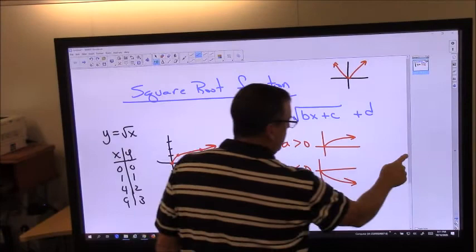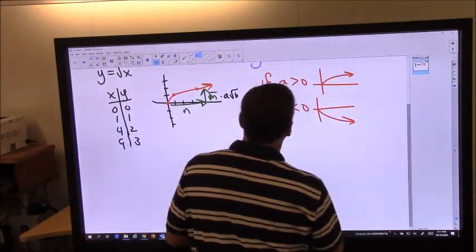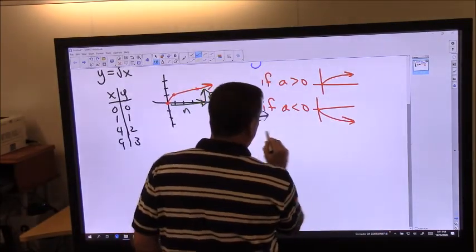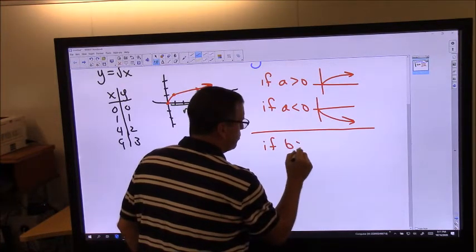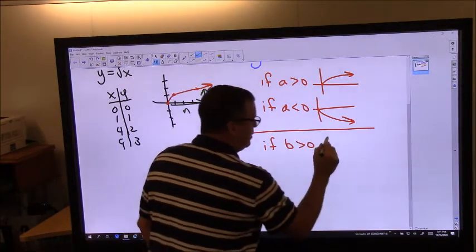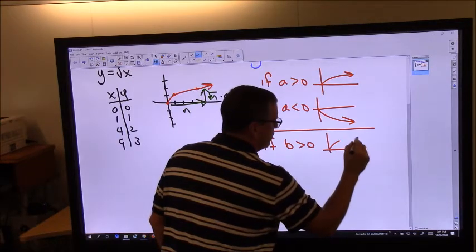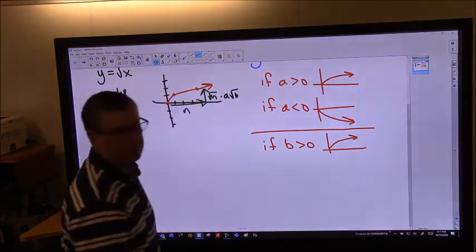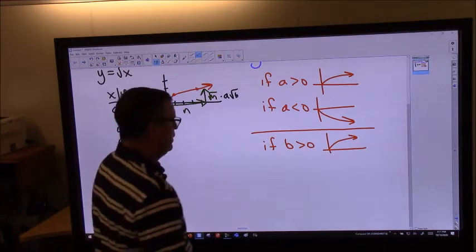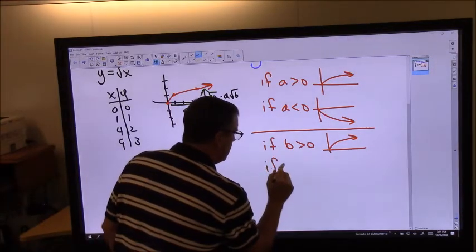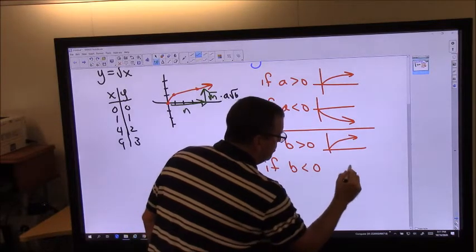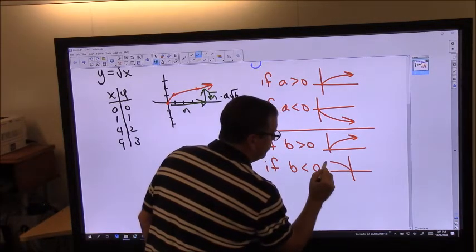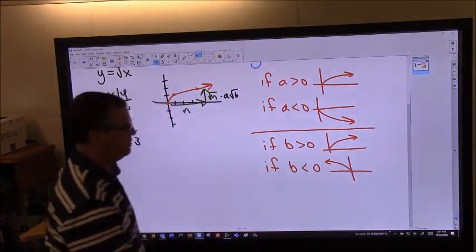So let's write down another rule here. So if b is greater than 0, then our graph is going to go like this, off to the right. If b is less than 0, well then our graph is going to go off to the left.